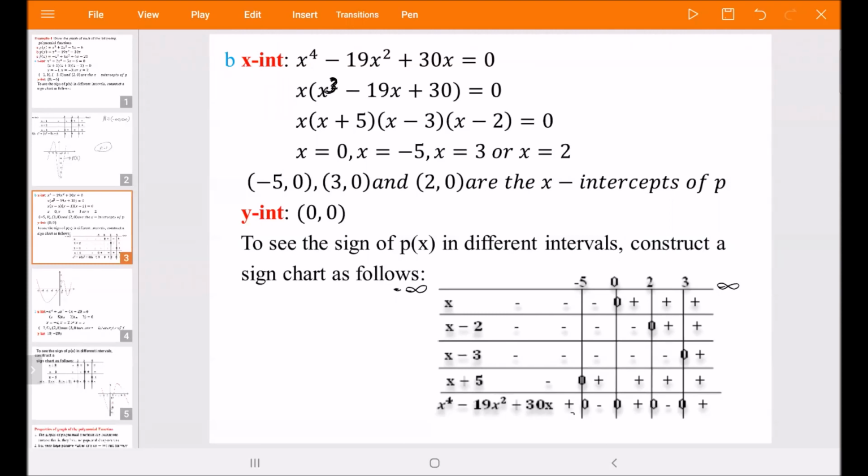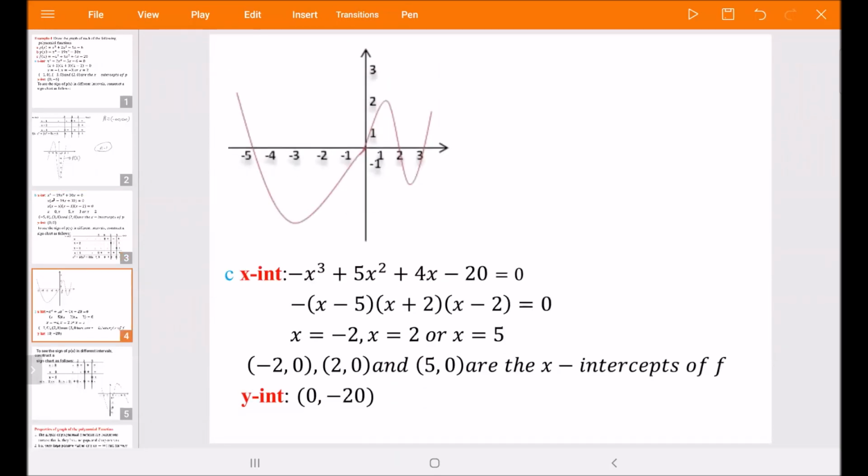That means it forms this valley, returns back up, and crosses the x-axis at 3. Then, as you can see from the sign chart we constructed, for values greater than 3, the graph is positive, meaning positive and rising.